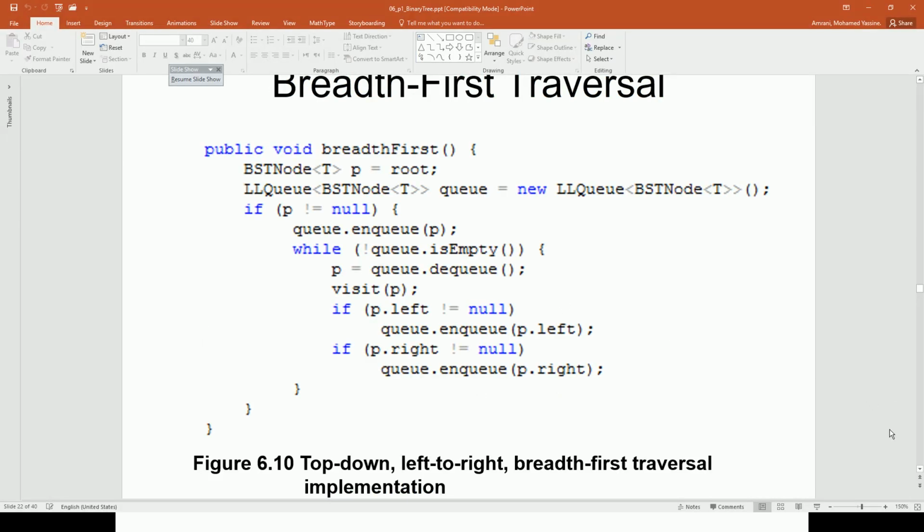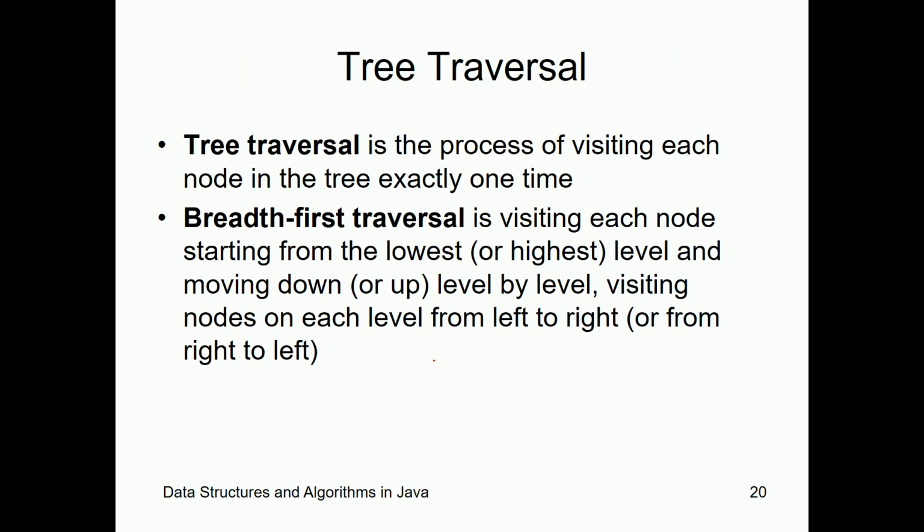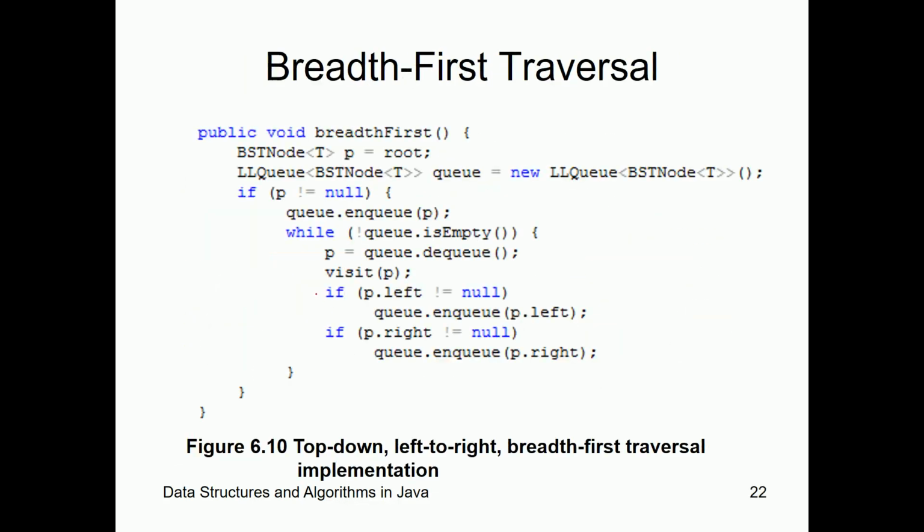Swap the F D left, make it D right, and D right make it D left. These two should be swapped. I start from the right and then the left, so I enqueue from the right, which means I'm going to start from the right. And that's the main idea behind this breadth first and how we implement it.